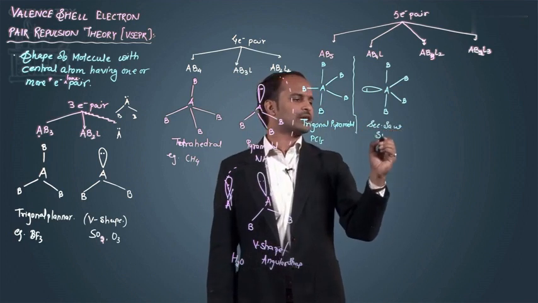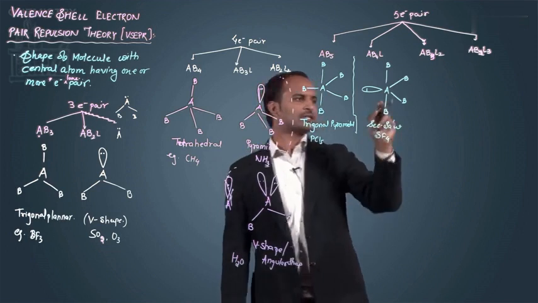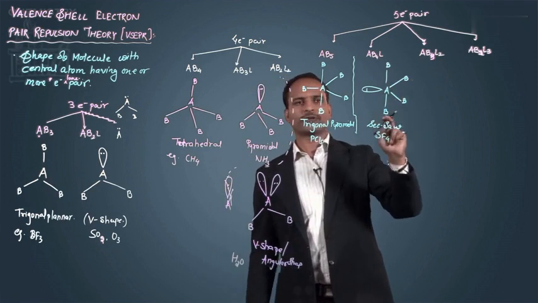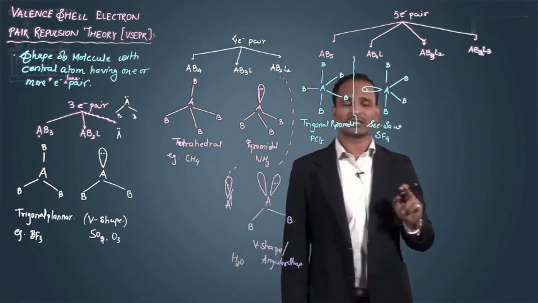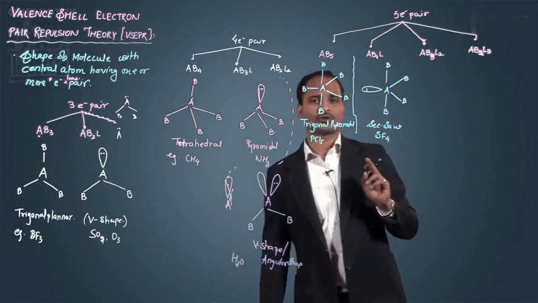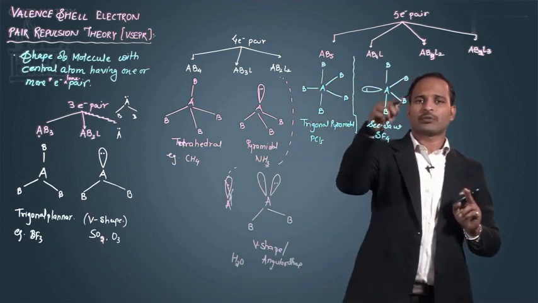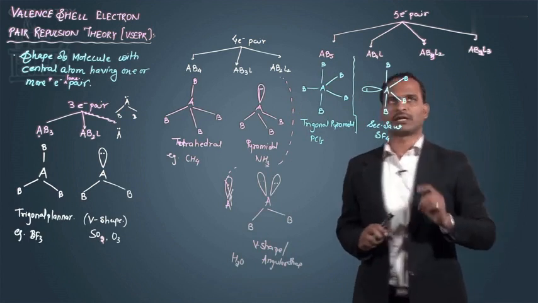The example is the SF4 molecule, where the sulfur will be at the center, fluorine, fluorine, fluorine, fluorine, and this will be the lone pair electron. The sulfur has 6 electrons in the outermost orbit, out of which only 4 are used for bonding. So one pair of electrons will be left.